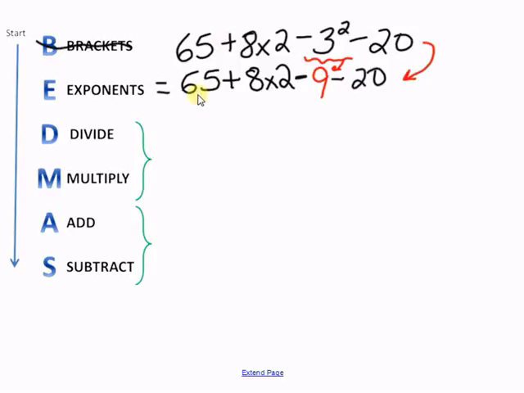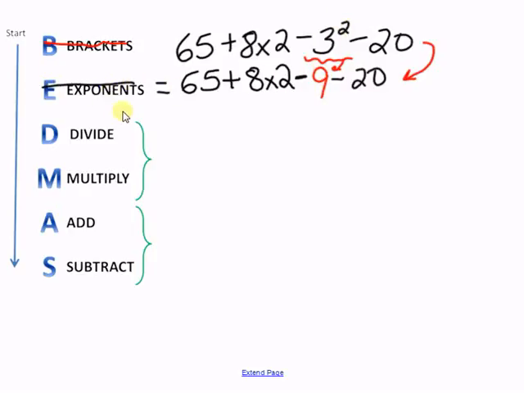I made it simpler, so now I go back and I look over the order of operations again. I have to start from the beginning. Are there any brackets here? No, there are no brackets. Are there any exponents? In the new simplified line, there are no exponents because I did this already.